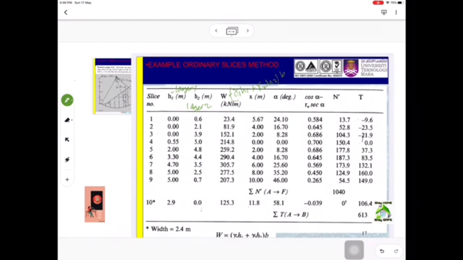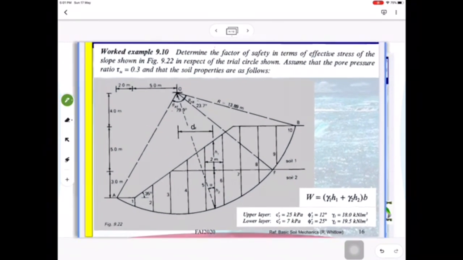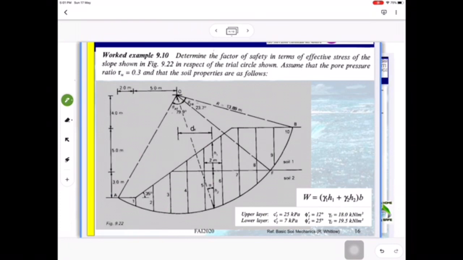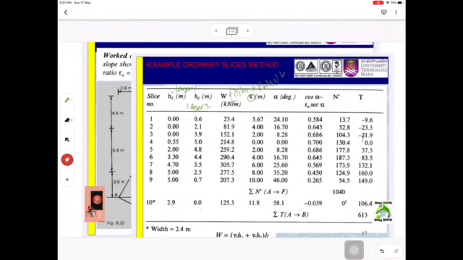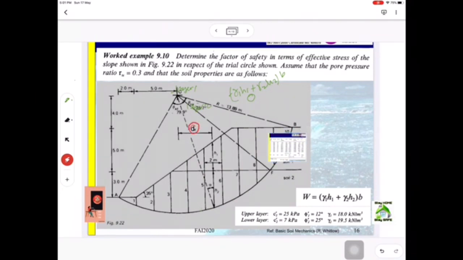X, what is X? X is like D. In this book, Whitlow, the author used X instead of D. If you look here, X is the distance from point O to the center of the slice to W. So same concept, everything on the right will be positive, everything on the left will be negative.